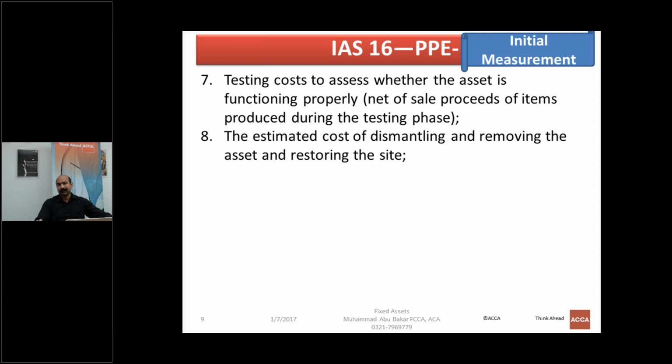There are certain additional guidelines which are not covered in International Accounting Standard 16. Those are specifically covered in Interpretation 1. We shall be discussing that after International Accounting Standard 16.